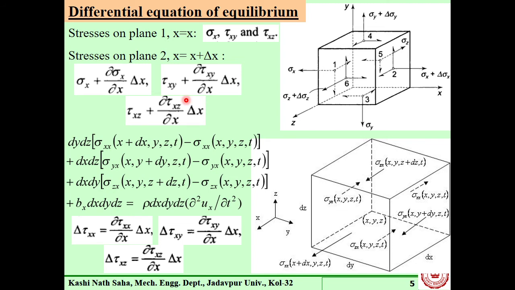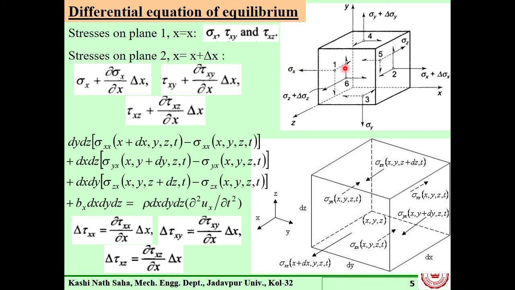This is clear. Now you see, for this particular surface perpendicular to x, the area of this surface is dy into dz here, and here we have only stress sigma xx acting along x.